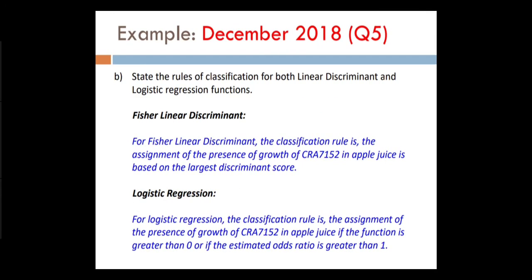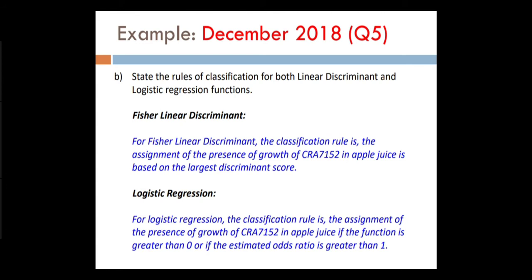Question B, state the rules of classification for both linear discriminant and logistic regression function. Actually for this one I have mentioned in the previous lecture. For the linear discriminant, the classification rule, the assignment of the presence of growth in apple juice is based on the largest discriminant score.